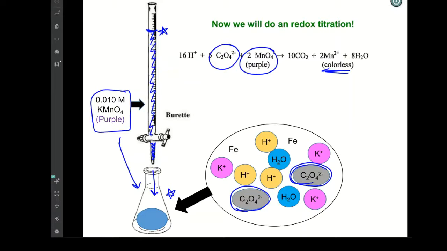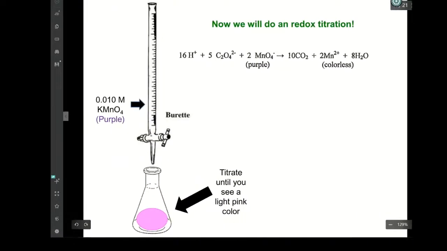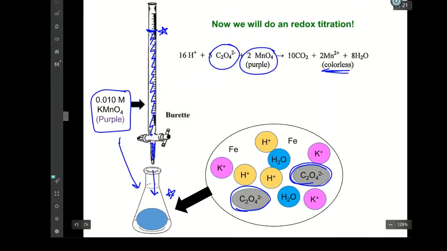It might be a little bit yellowy, but basically you're going to add the potassium permanganate, and it's going to react with our oxalate, use that up, and produce our products over here.